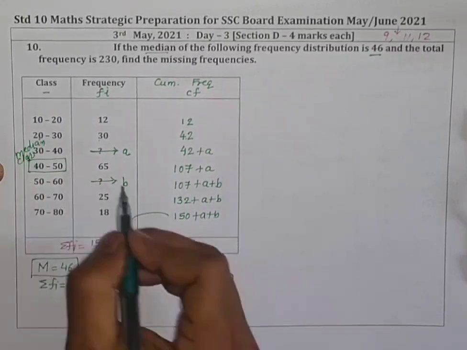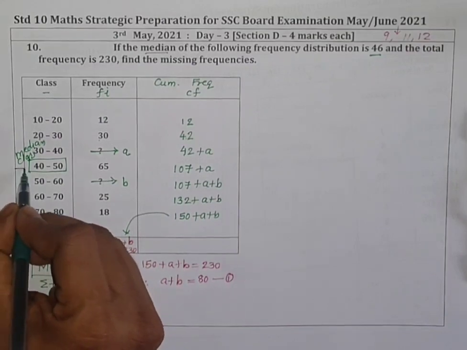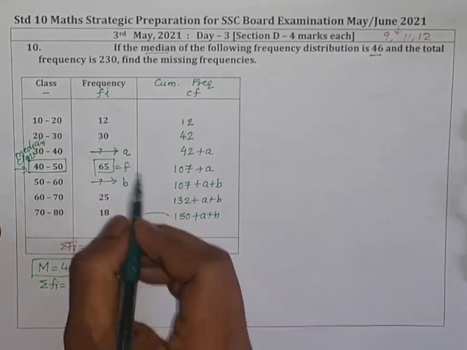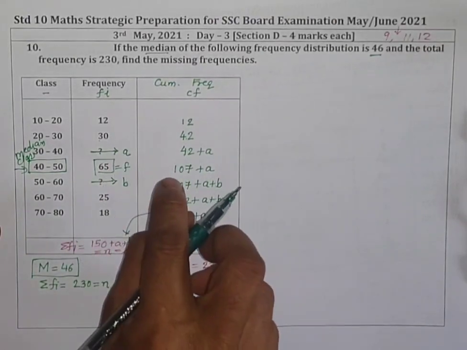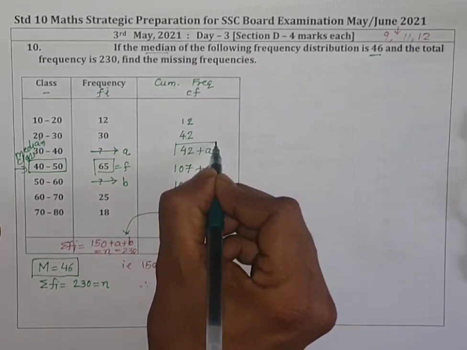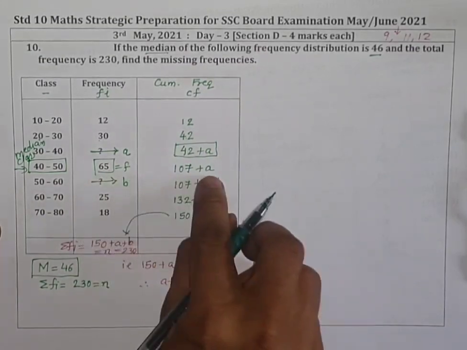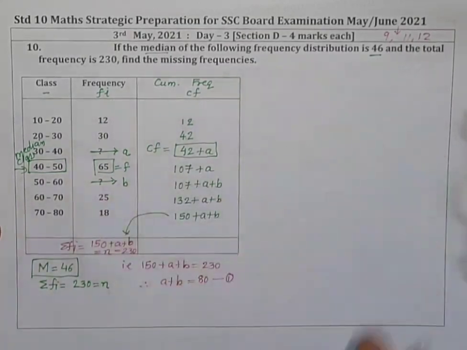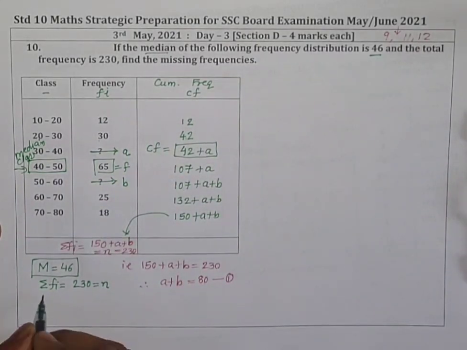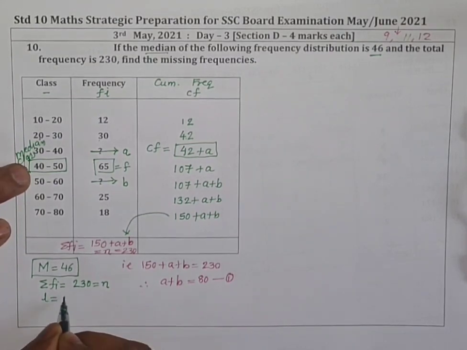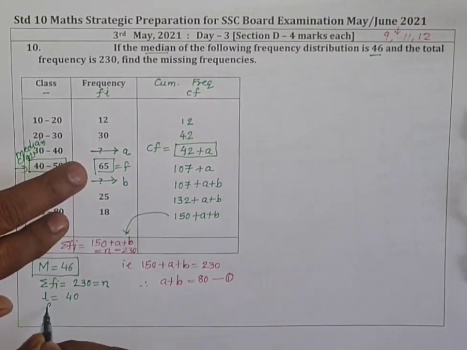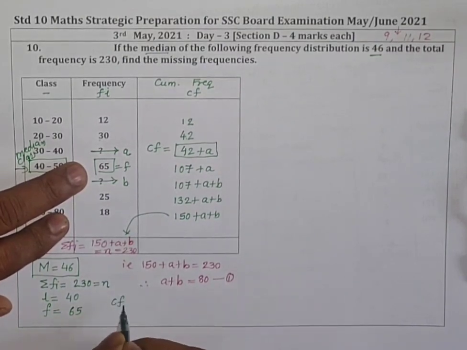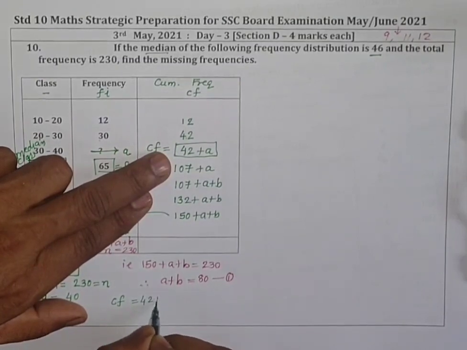The frequency in the median class is this. And this is the cumulative frequency of the preceding class, that is CF for our calculations. Lower boundary is 40. Frequency is 65. And cumulative frequency is 42 plus A.